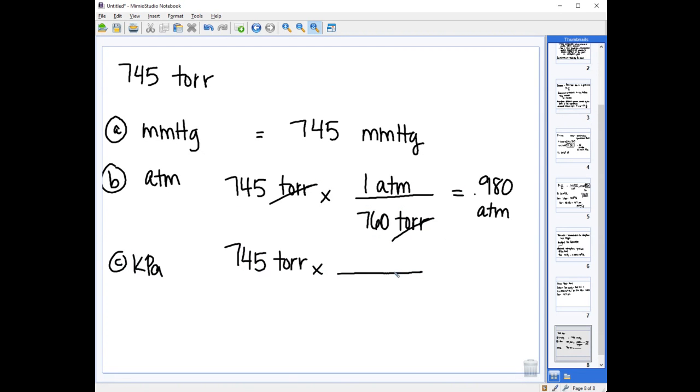And in this one, if I'm looking at kilopascals, I know that 101.325 kilopascals is equal to 760 torr. Okay.